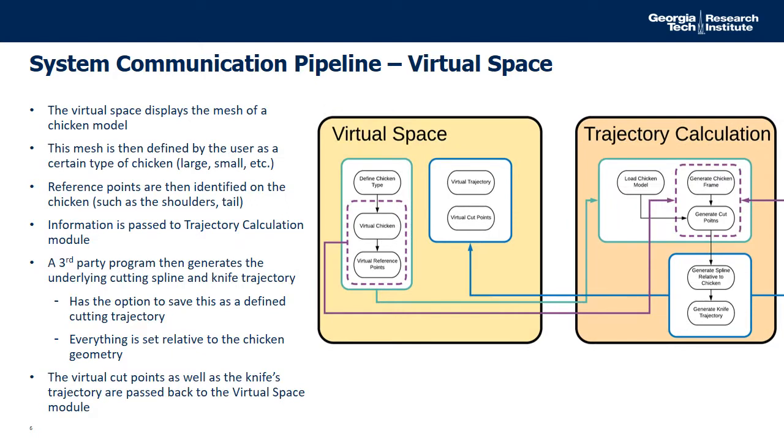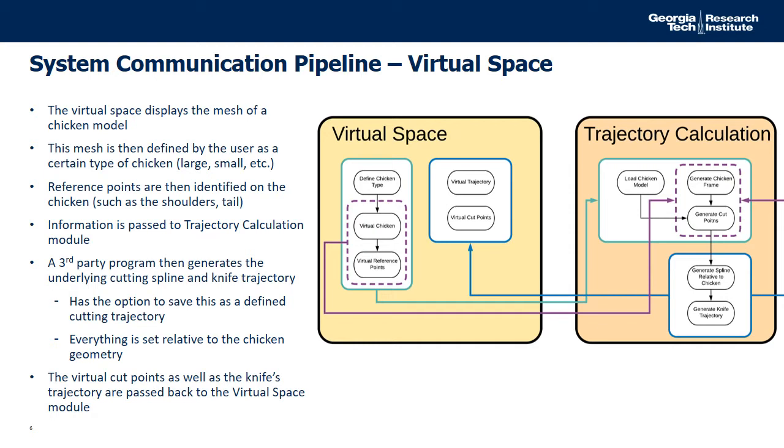This slide shows how the virtual space and the trajectory calculation module interact. The virtual space displays the mesh of the chicken. This model is then defined by the user as a certain type of chicken, something like either large or small. And then reference points are identified on the chicken, such as the shoulders or tail, and that information is passed to the trajectory calculation module.